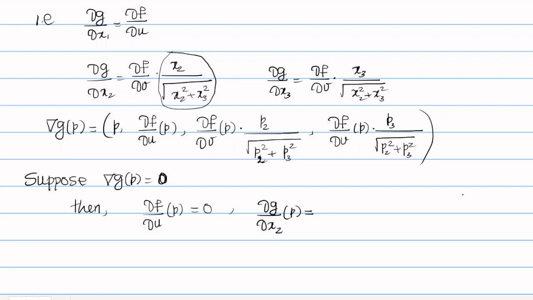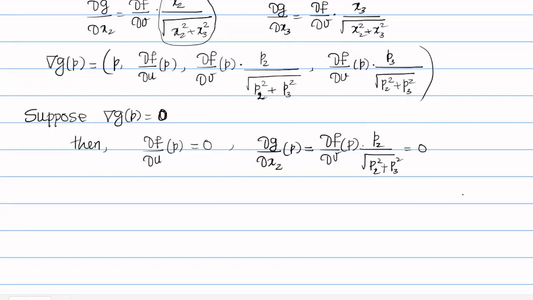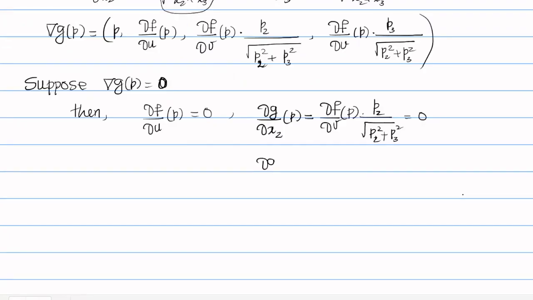That is dou f by dou v of P into p2 divided by square root of p2 square plus p3 square, which is equal to 0. The other one, dou g by dou x3 at the point P, is dou f by dou v at P into p3 divided by square root of p2 square plus p3 square, which is equal to 0.